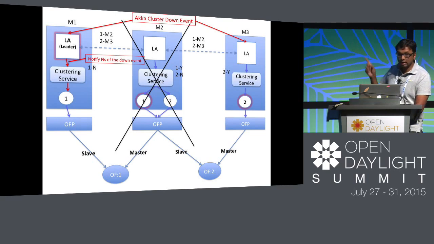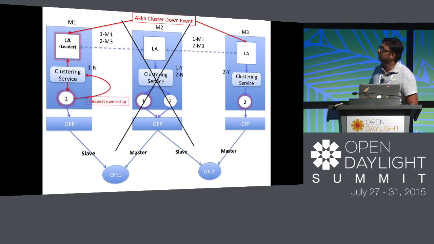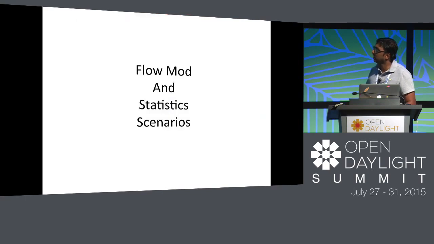This is achieved through Akka, because the lock actors, the 3 boxes at the top, are actually Akka actors. When an Akka member goes down, we get a cluster down event through which we know that something has gone down. With that event, we try to do this. So this guy requests ownership, and that way that member becomes owner.